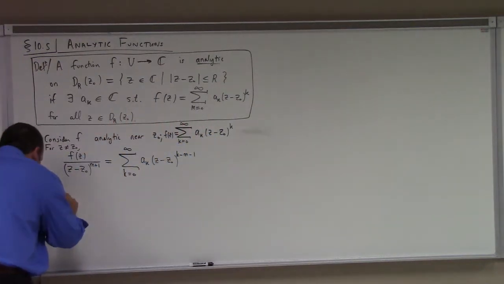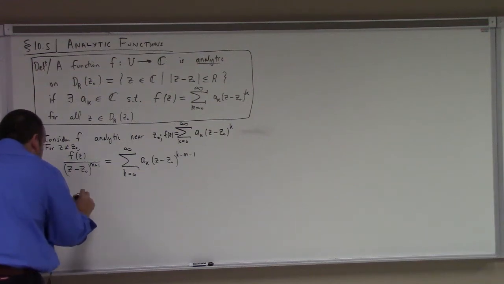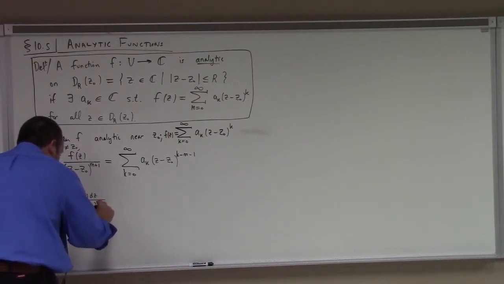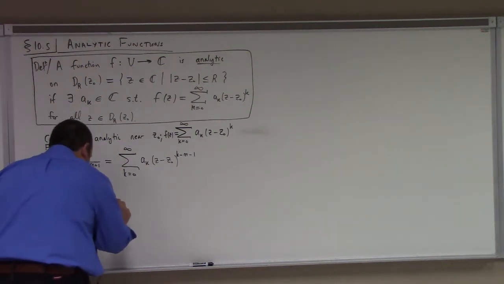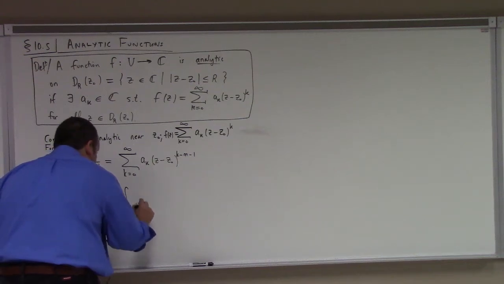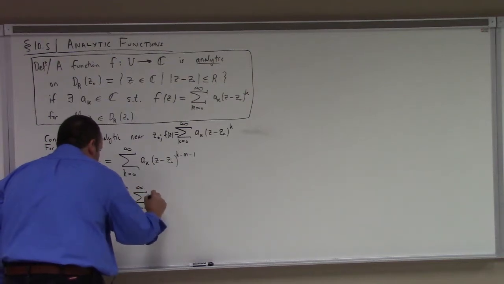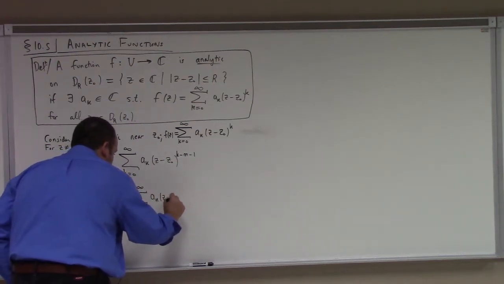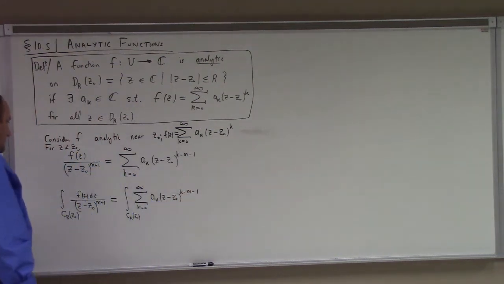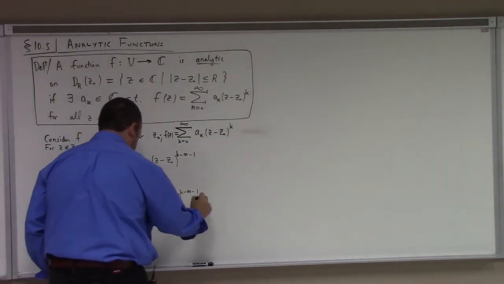So the integral over a little circle of radius r centered at z naught of f of z dz over z minus z naught to the m plus 1 would be equal to the integral over that circle of this series. And how would that work out?